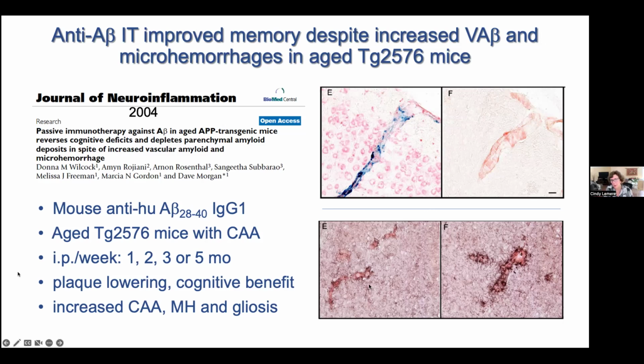And this is a control mouse. You can see there's vascular amyloid shown here in Congo red, and it's associated with some immune cells. But here in the mice that were immunized, these vessels were associated with much more gliosis.